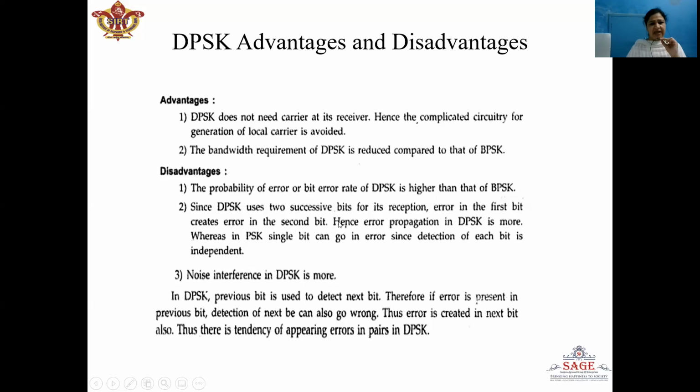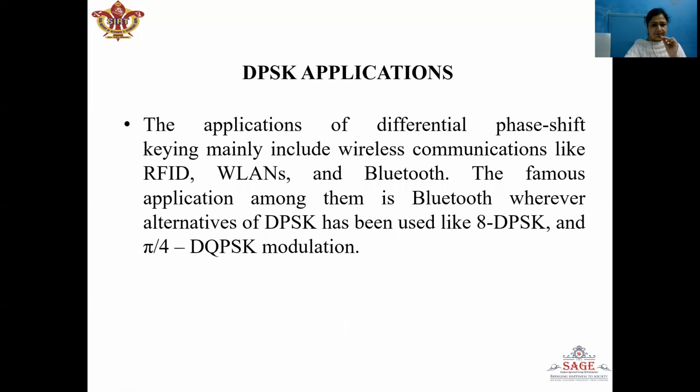So we can say that the error rate of DPSK is higher than that of BPSK, or that errors always occur in pairs. Noise interference in DPSK is more than in the BPSK system. So these are the advantages and the disadvantages of the DPSK signal.